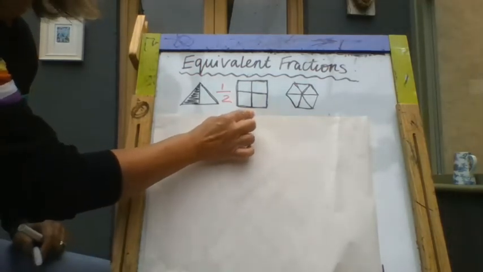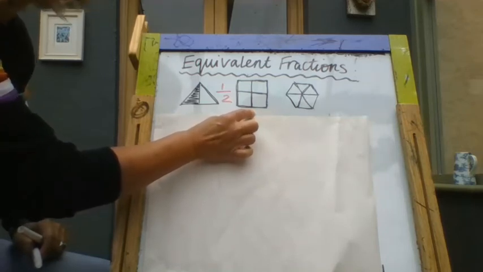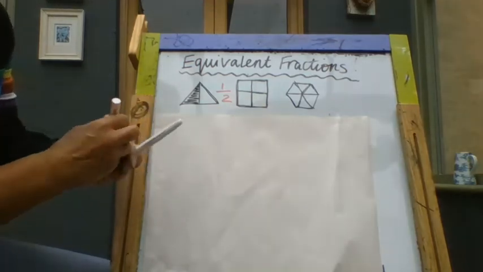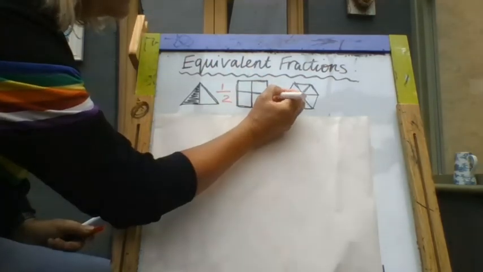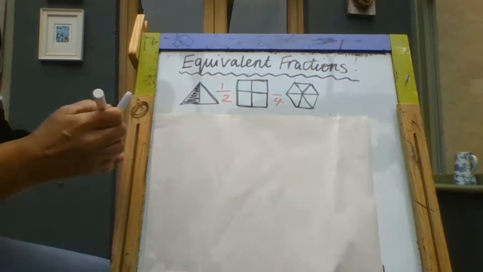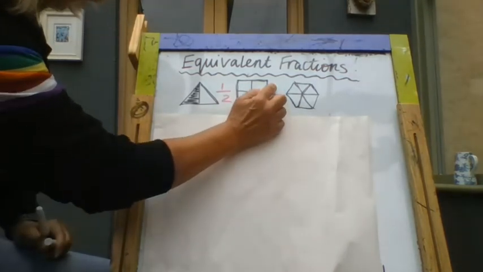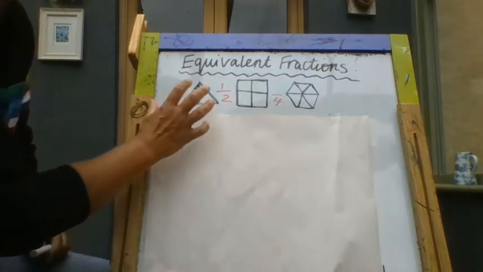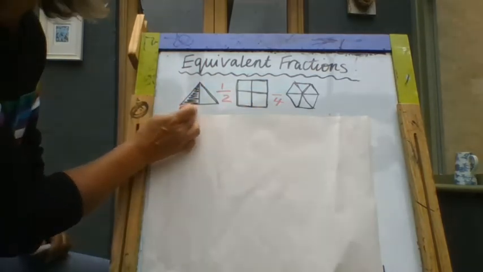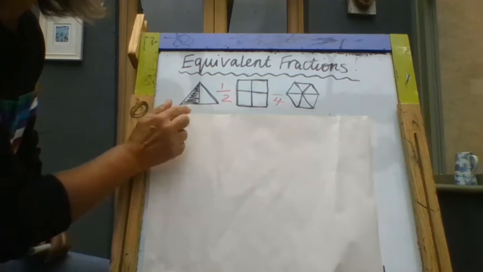My next shape is a square which has been split into 4 equal amounts, so my fraction is going to be something over 4. Depending on how many of these quarters I shade in will decide my numerator. I want to shade the same amount as I have done in this fraction here.